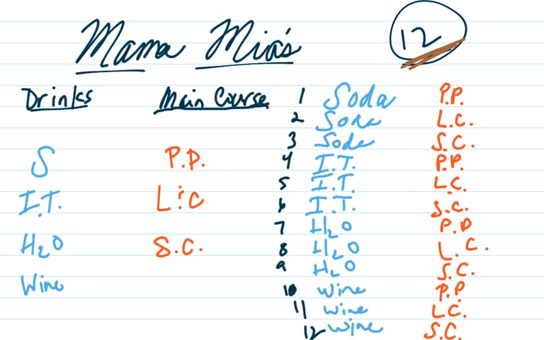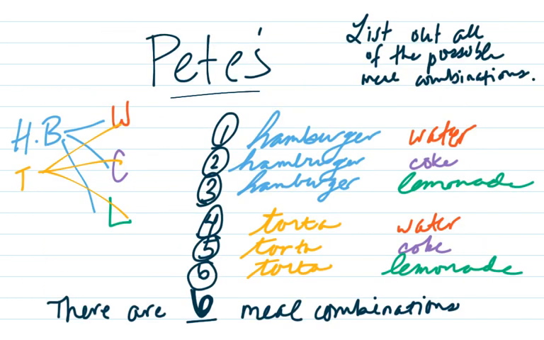So looking at this and maybe using some inductive reasoning, in our first example with Pete's, we had 2 meal choices and 3 drink choices, and we got that there were 6 meal combinations.